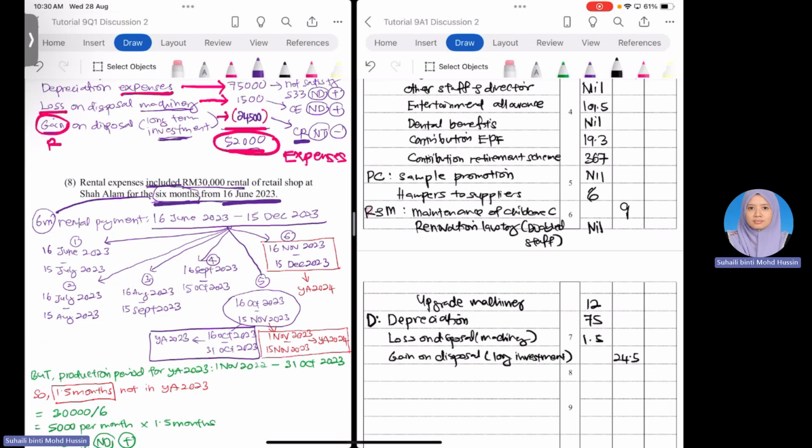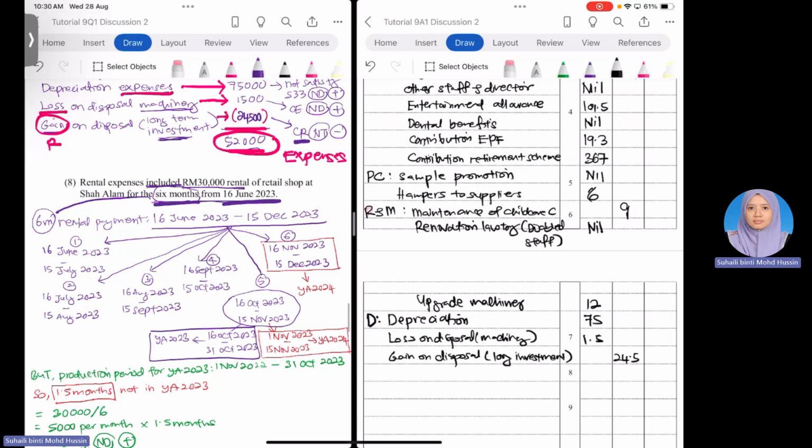Starting from the fifth month, half a month is in 2023 and half a month is in the year of assessment 2024. The 6th month of the rental is totally for 2024. So we have to exclude the amount of the rental that you already paid for 2024.